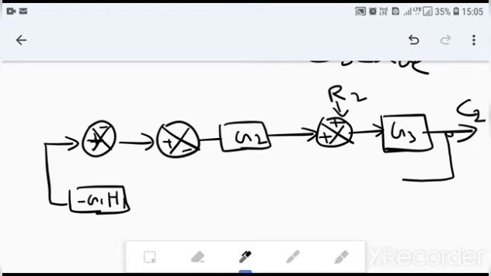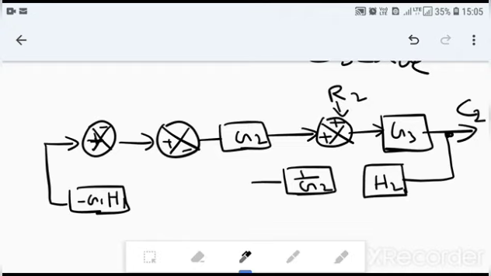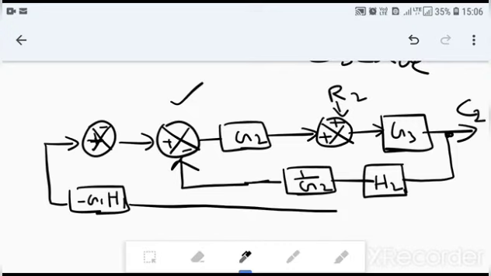Here we have the feedback point with H2. We shifted this summing point beyond G2, so we will be adding 1 by G2 in series. Since we shifted this summing point beyond G2, we will be adding a block of 1 by G2. That is the modification, and here we have taken the feedback.